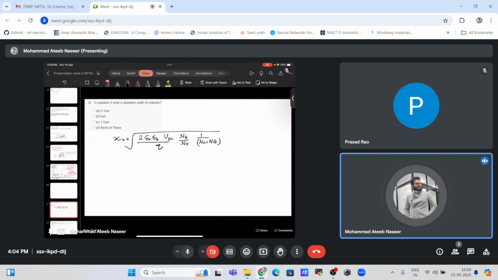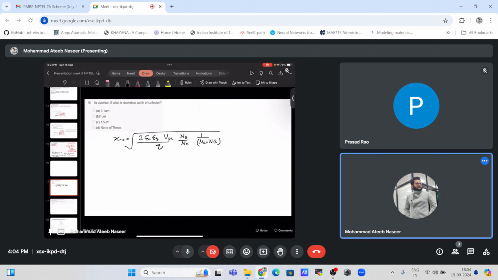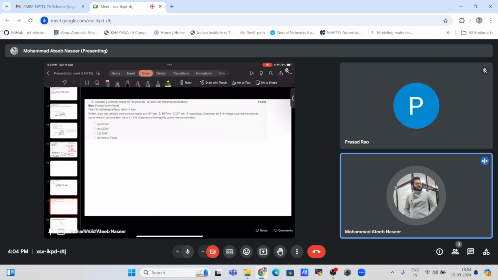So we just need to put the values from the previous problem, and we will get the depletion width on the collector side. These are quite straightforward problems, considering that we just need to do the mathematical analysis.